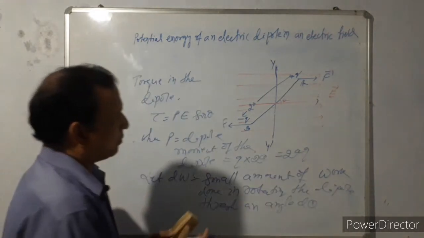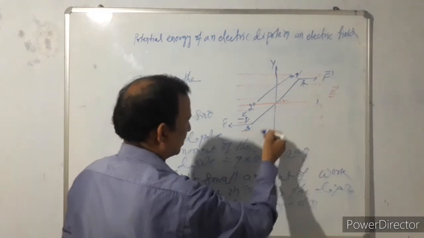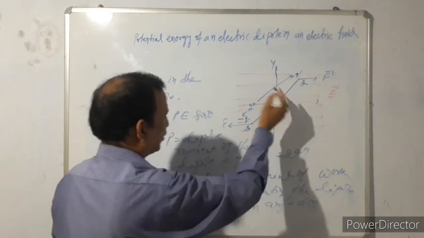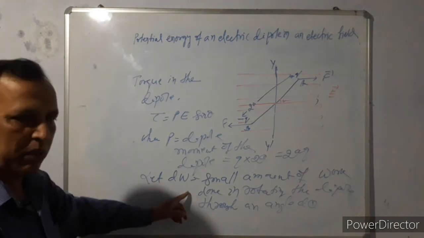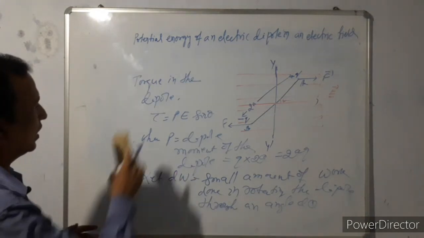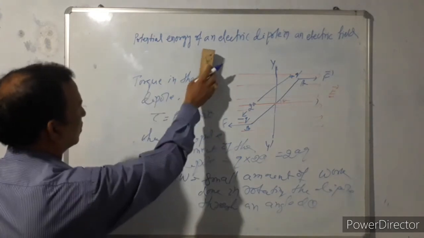So now the position is like this. This is the small angle d theta. So if dW is the small amount of work done, then we can find out what is dW.